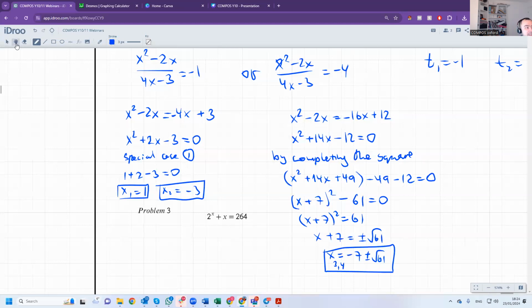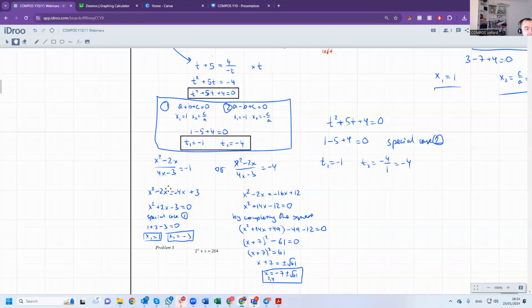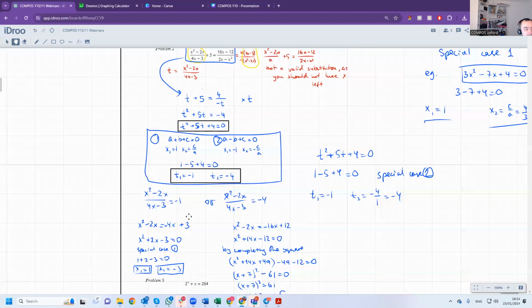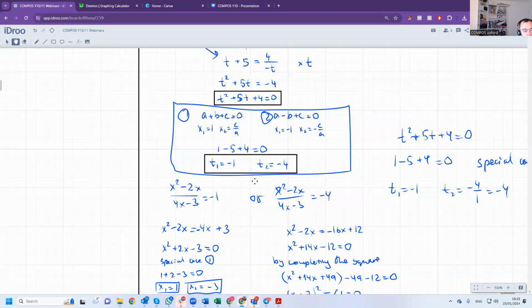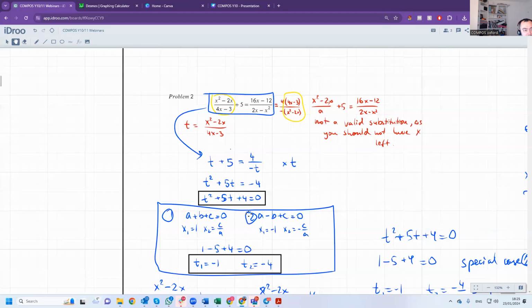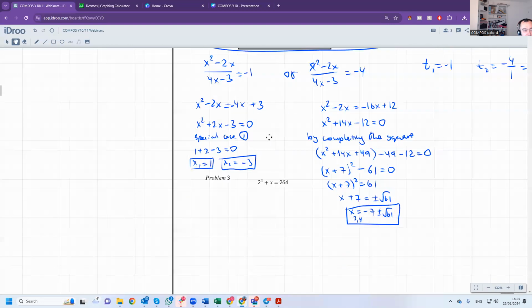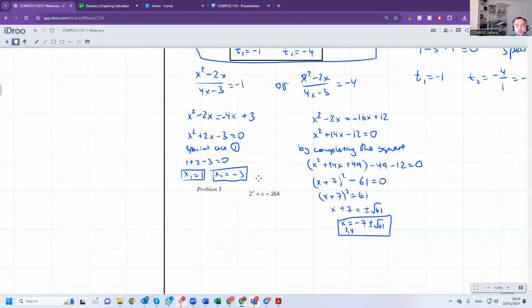Now we only need to check whether these make sense. X equals 1, so we substitute back into the original one. And it should work. Minus 3. No objection against minus 3. So yeah, all of them are fine.